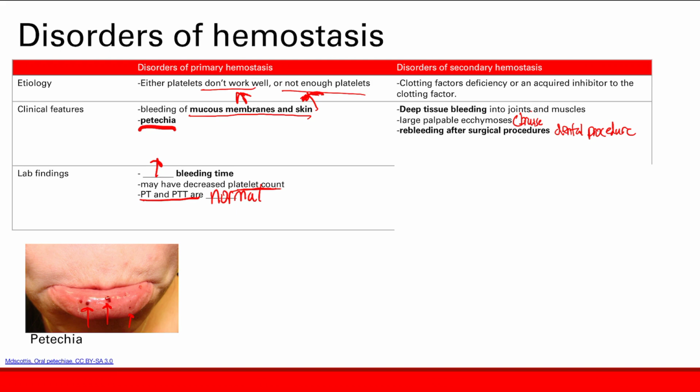So how do we test this? What findings in the labs will we get? What will happen to your PT and PTT? Remember, we said that PT and PTT reflect the clotting cascade.